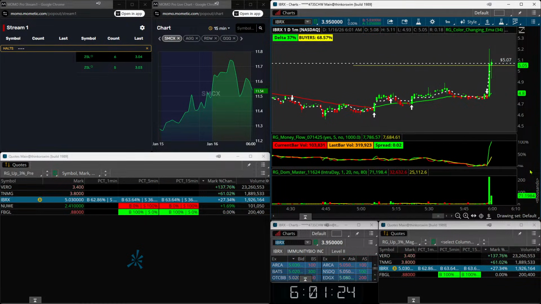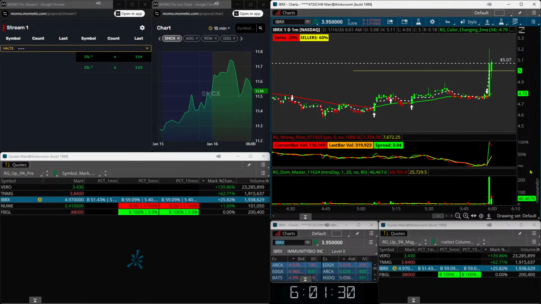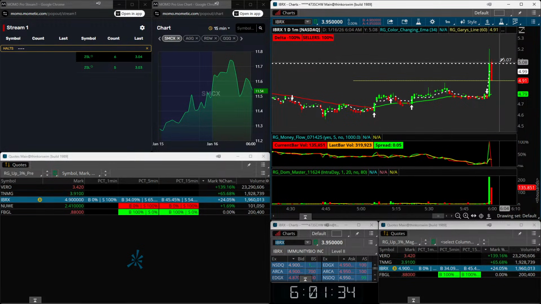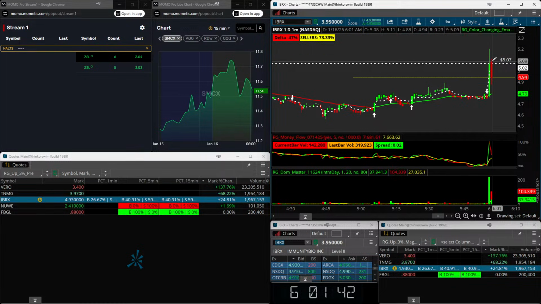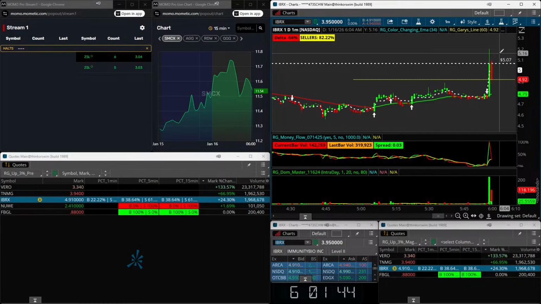Want to get past this first breakout here so we don't get stung and they sell off on us from a pump and dump. So if we wait cautiously for the price to re-break the $5 mark up here, we have a lot better chance of them not selling it off after this second attempt.